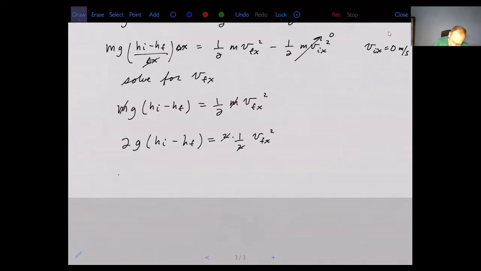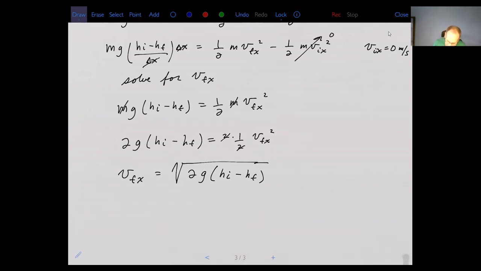So we're going to find that v final x is equal to the square root of 2g times h initial minus h final. Okay, and we're gonna call this our predicted velocity because it's predicted using the work energy theorem.